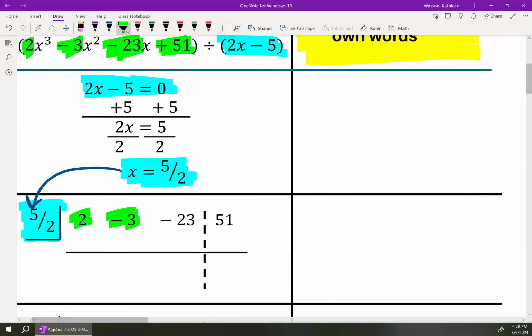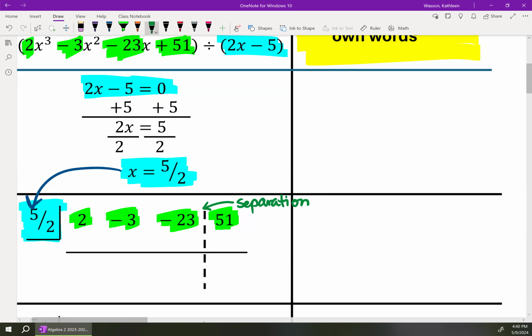And you can see there's a little dashed line. This is separating the coefficients from the constant. So all of these values have x's, and the 51 does not.